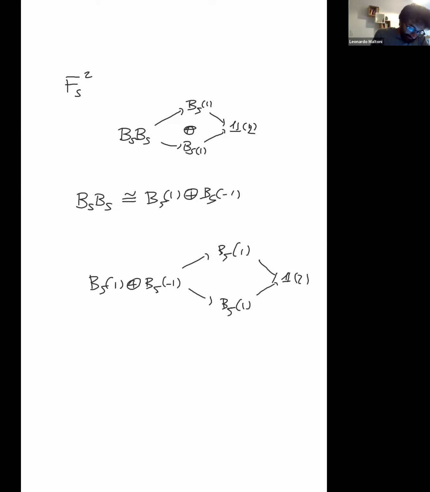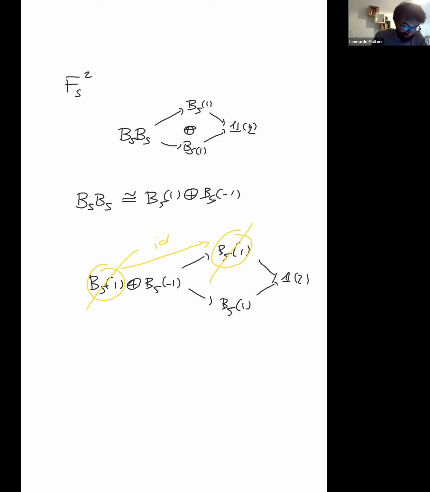What you notice is that here and here you have the same object. If you compute the component of these morphisms from this yellow summand to the other yellow summand, this is just the identity. Then you can use what is called Gaussian elimination for complexes and get rid of them.